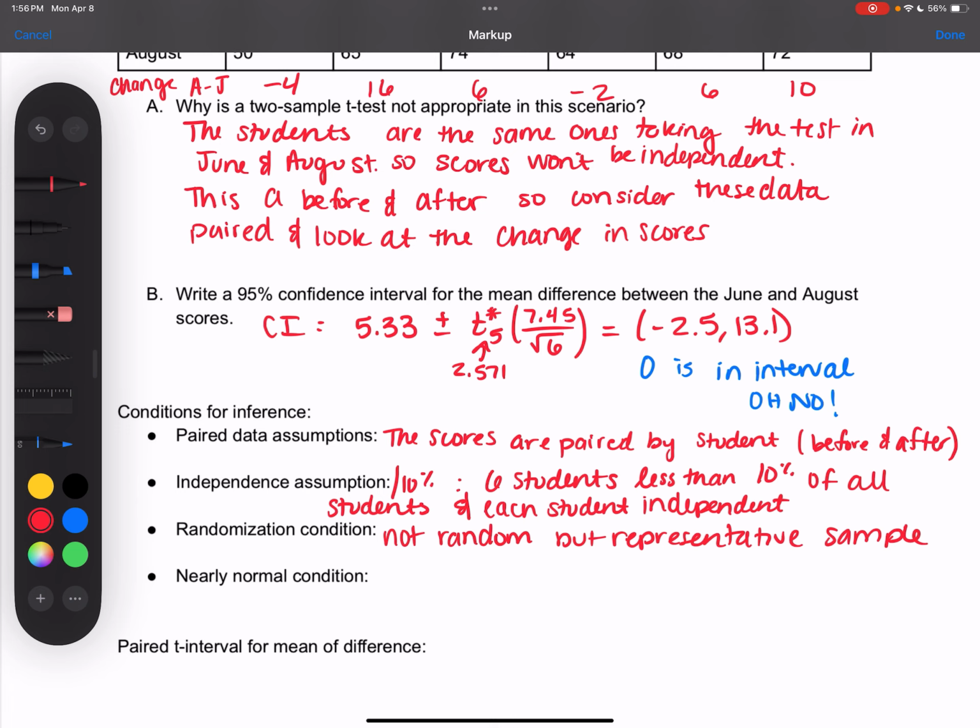Nearly normal condition. If we put those in a list and looked at the histograms, they would be roughly symmetric. So the histogram of the differences between June and August is roughly symmetric.